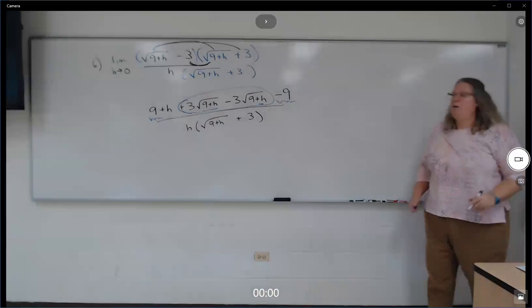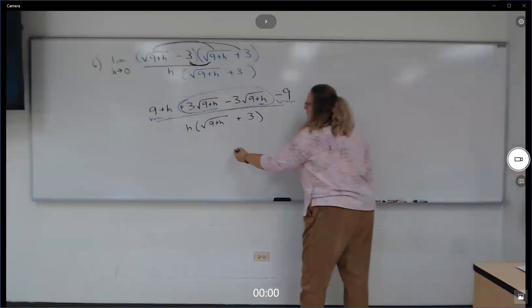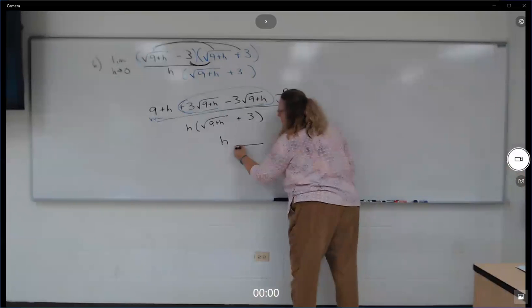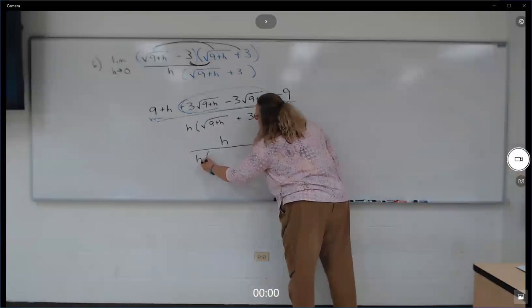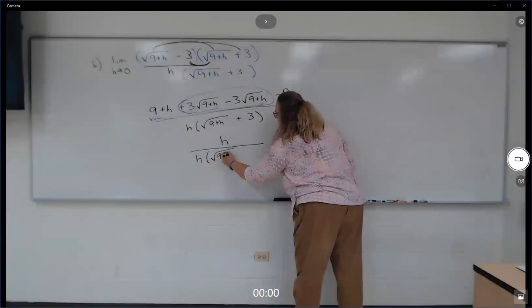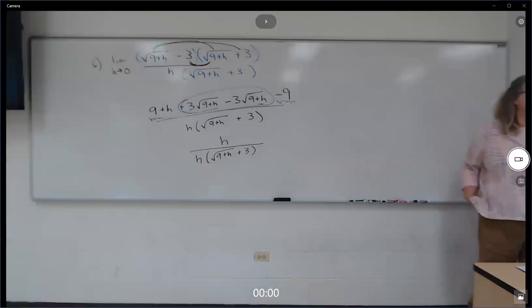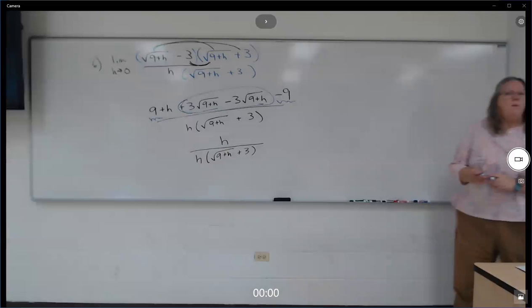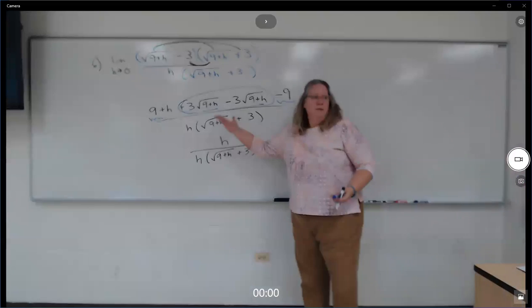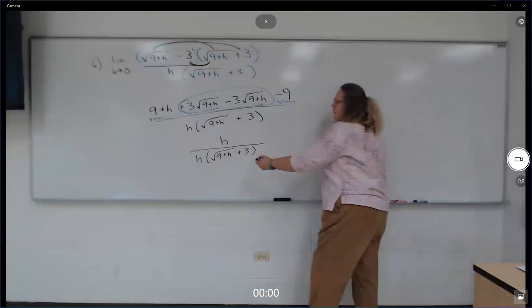Those go to 0. So after all that, we only have an h on top. And then we have that h on the bottom, which we're not going to multiply out, because what do we want to do? We usually want to factor and then cancel. So we've already got a factor, so now we're going to get.